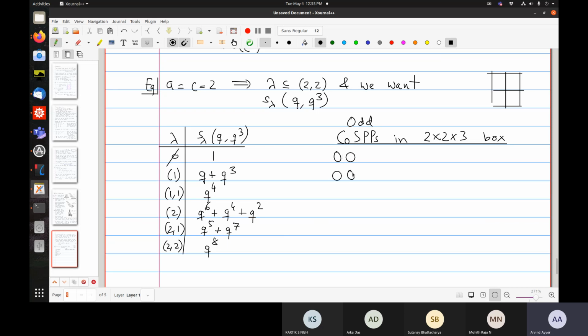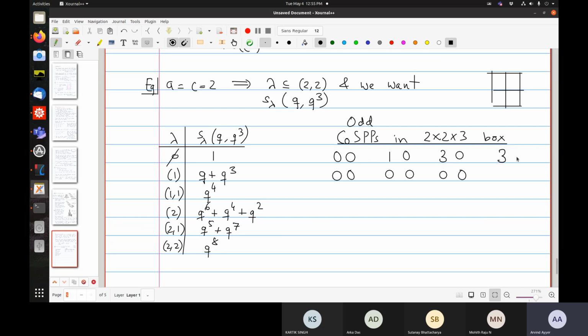0, 0, 0, 0, 1, 0, 0, 0. So let's first take with one non-zero part. So then 3, 0, 0, 0. Okay. And then I'll take, just because I know the answer, I'll choose conveniently.